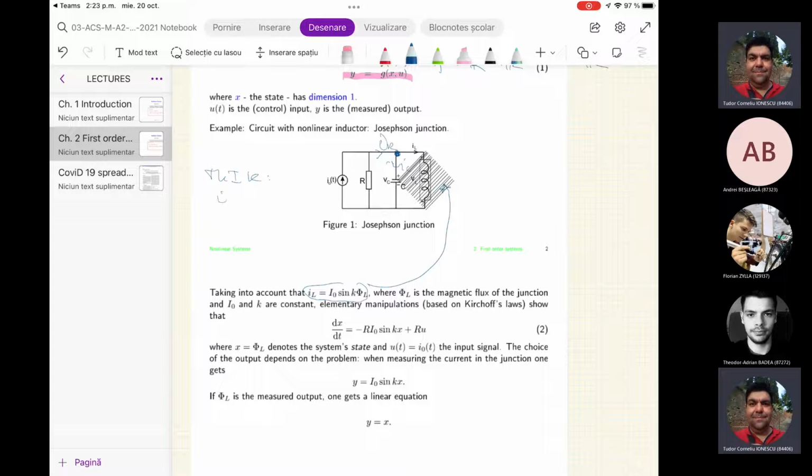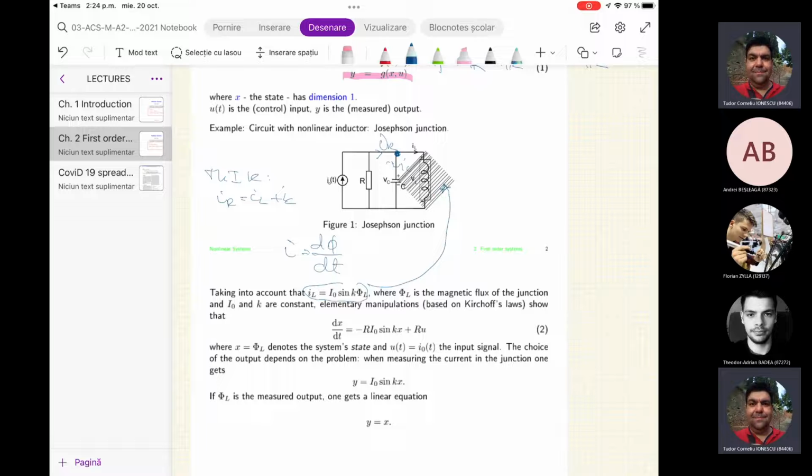So IR is IL plus IC. So the current through the capacitance C plus the current through the inductance L, or the inductor L. Now since we know that current is the derivative of the flux, something known from electrical engineering, we can recover equation number 2.